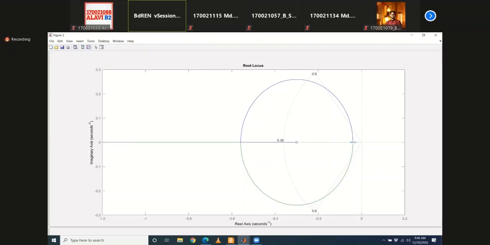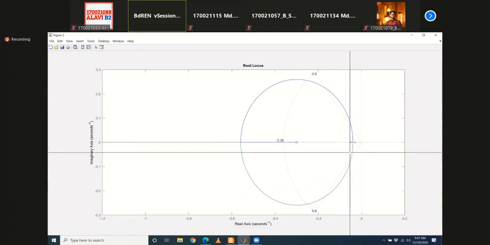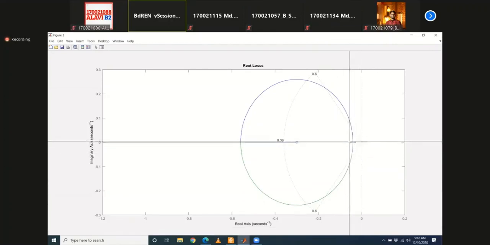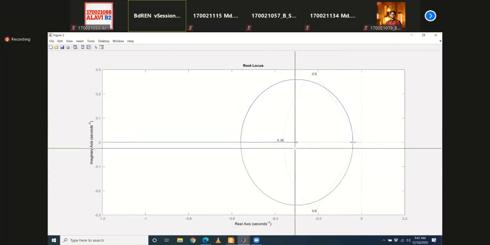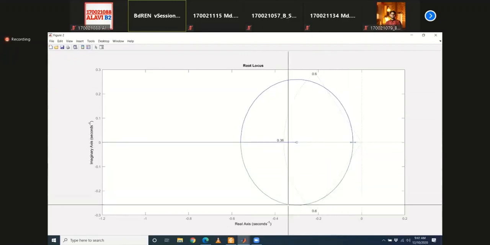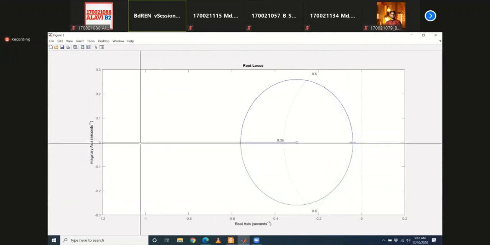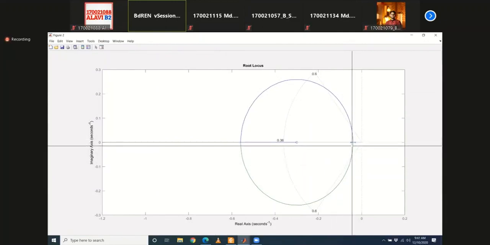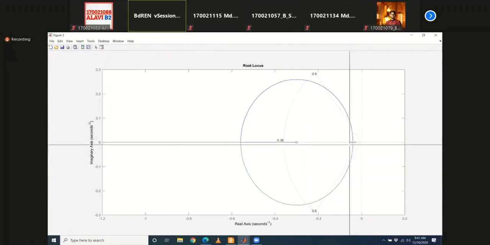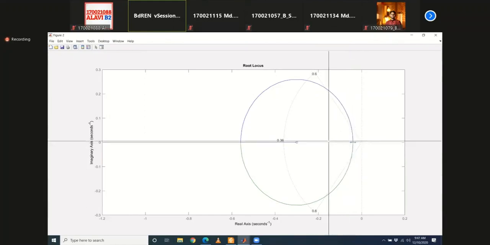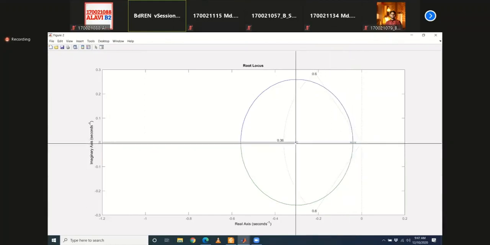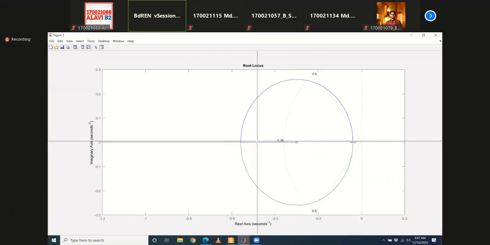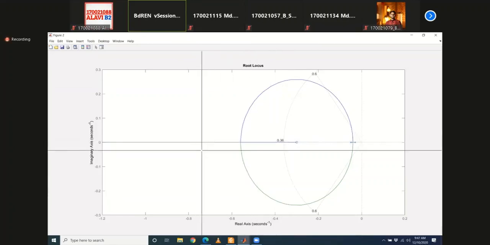As you can see, there are two poles and a zero. One pole will move towards this zero, and the other pole will move towards minus infinity, represented by the green line, right? And it only exists to the left of an odd number of poles or zeros. So pole number 1, it exists. Pole number 2, nothing exists here. Then pole or zero number 3, again, the root locus exists. So this was just a verification of whether that rule is true.